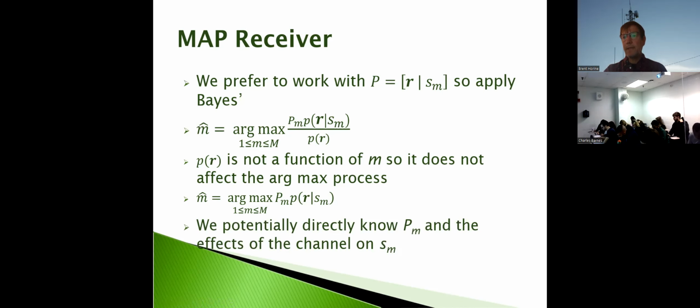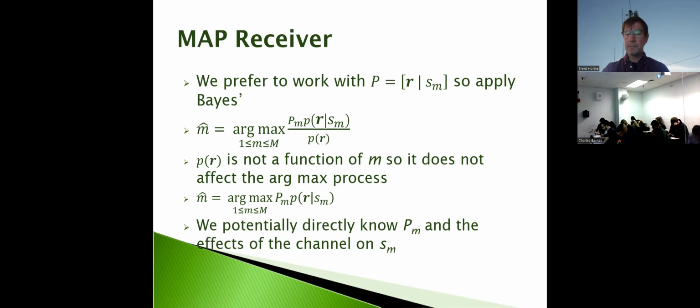So now that's our goal, to directly know P sub M and the effects of the channel on S sub M. We're not going to know that specifically, but we will know it directly in terms of the random process.